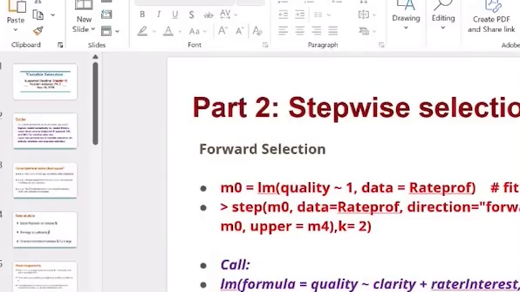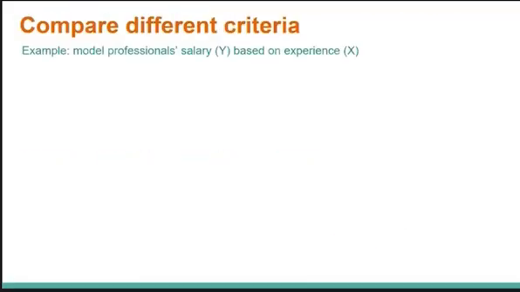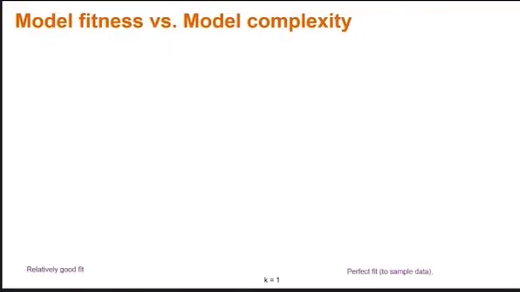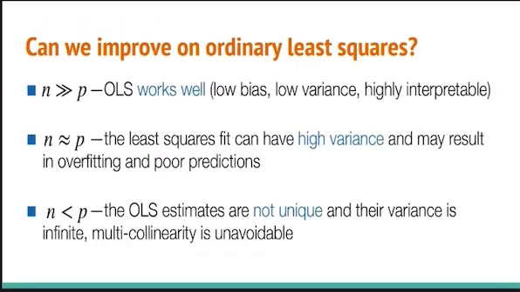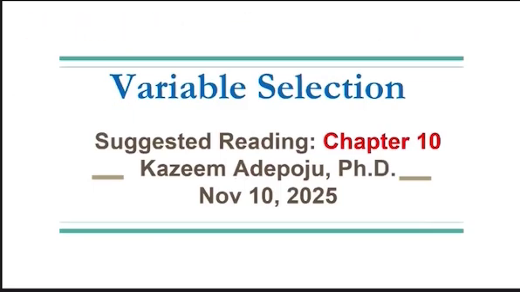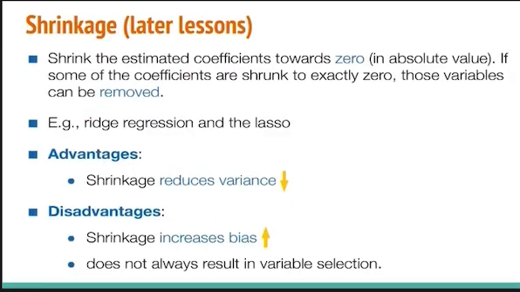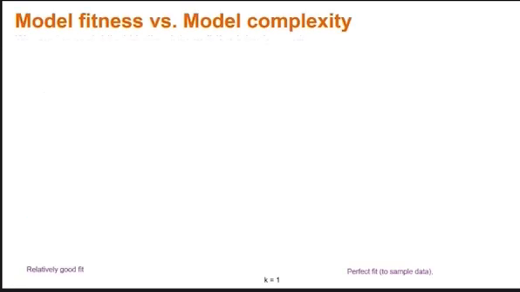Okay, now I'm going to go back. Just wanted to see something, so that you see the difference between AIC and BIC, the way to specify in terms of K.